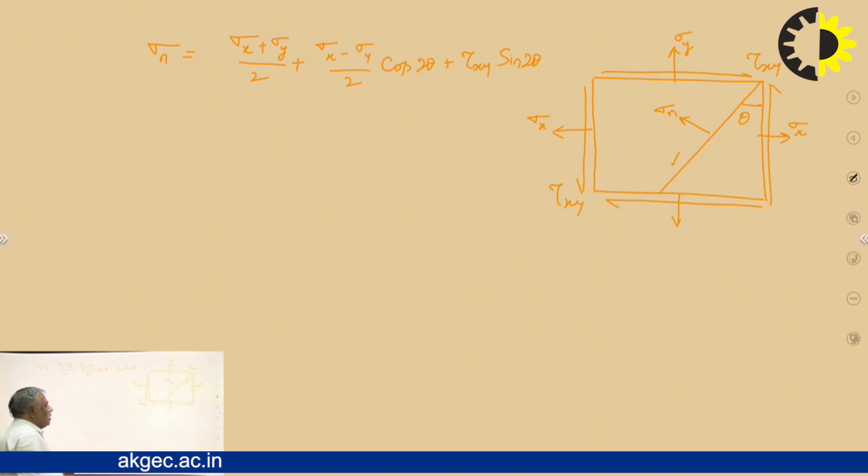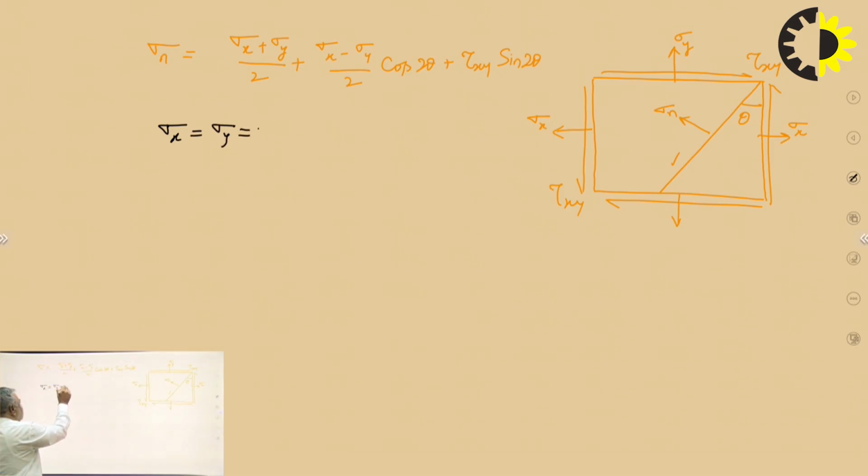If I refer to this relationship and consider this block subjected to a pure shear state, that is, the normal stress on the block is 0 and the magnitude of shear stress is tau xy, then sigma n on any plane at angle theta will be equal to plus or minus tau xy.